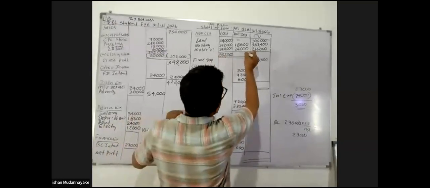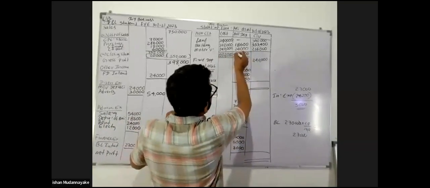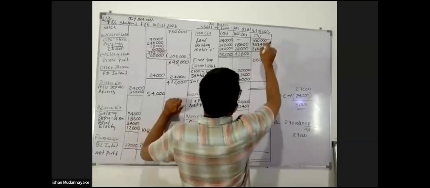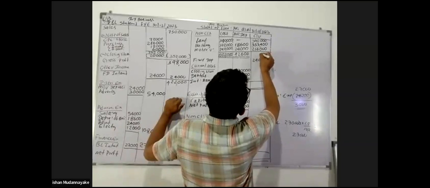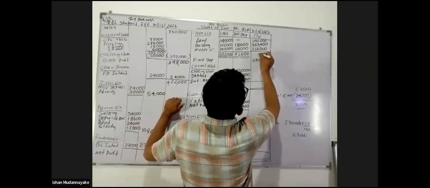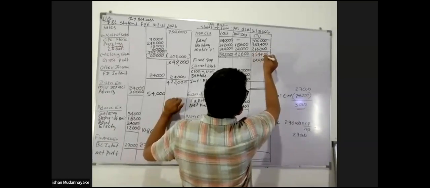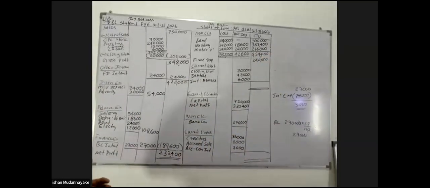Accumulated depreciation $42,600. Total carrying value $959,400. Carrying value of the non-current assets.